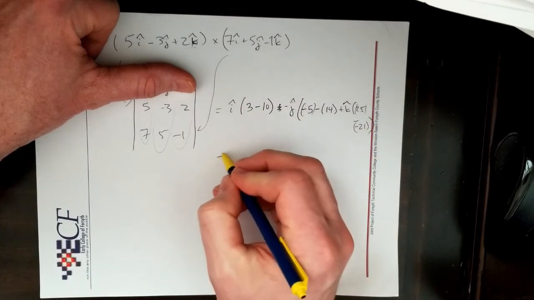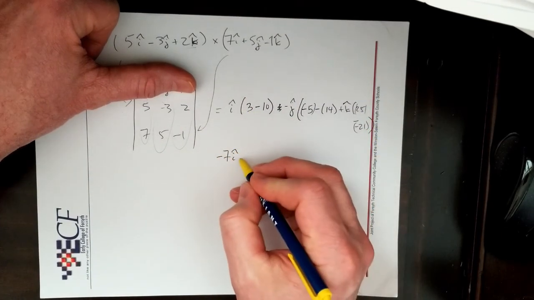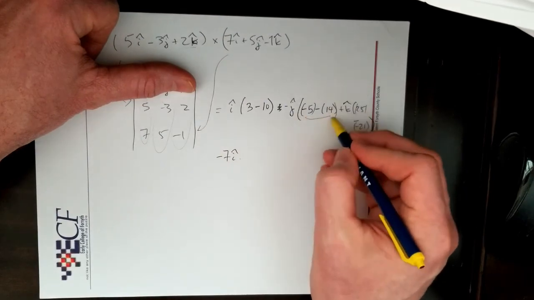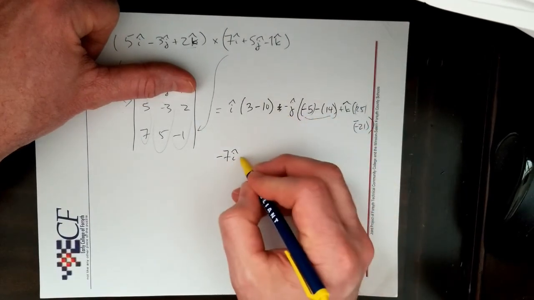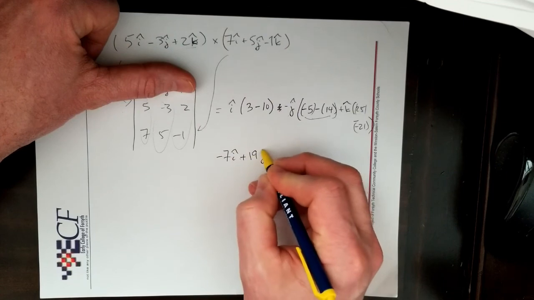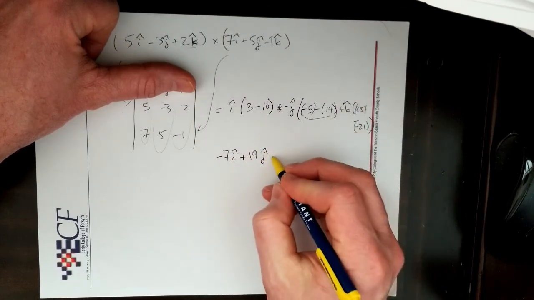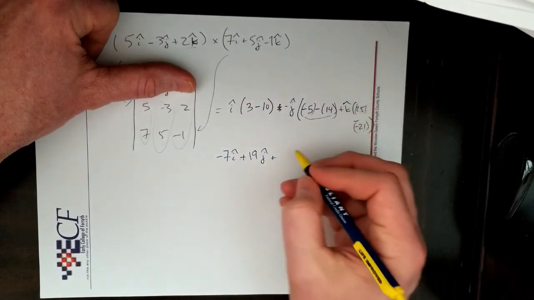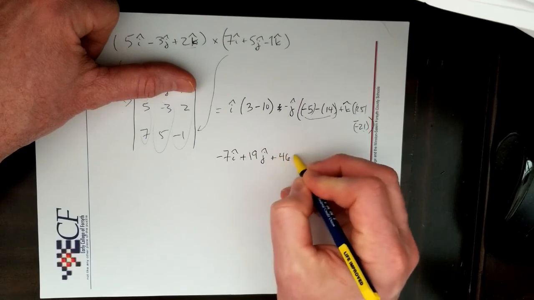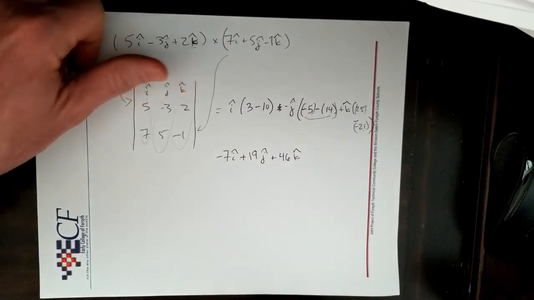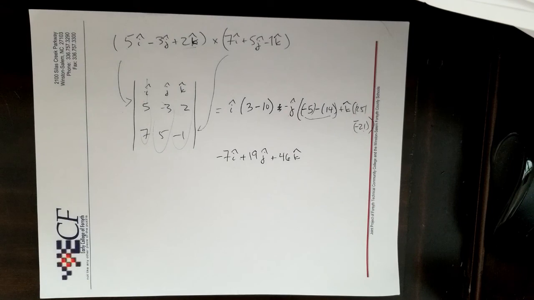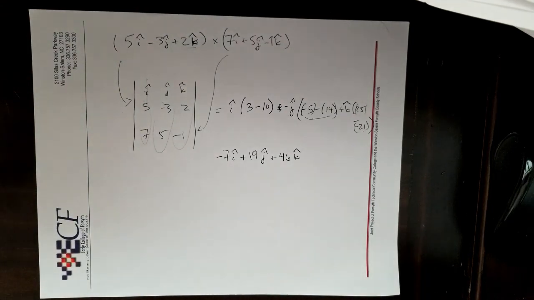What you're left with is negative 7 i hat. This is negative 19 times negative j, so plus 19 j hat. And then plus 25 minus negative 21 is 46, plus 46 k hat. Again, it's an alternate method for those who might want to latch on to that method.